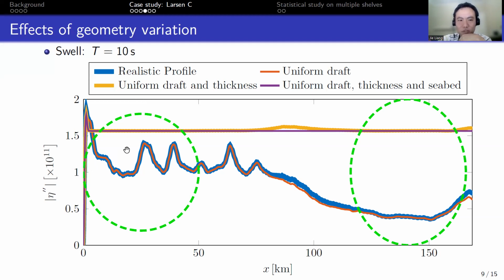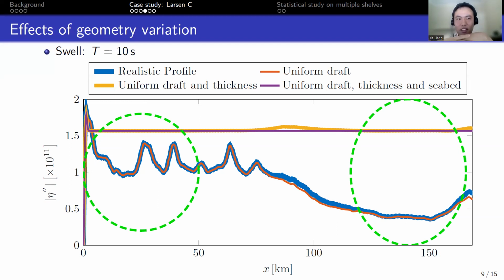And then we have really thick ice at the end, which also significantly reduces the flexure strength. So they are all related to the thickness variations.